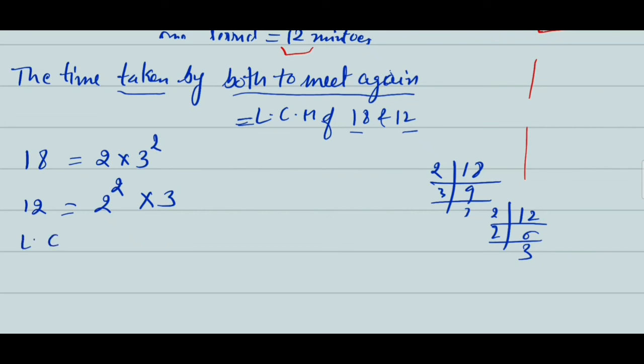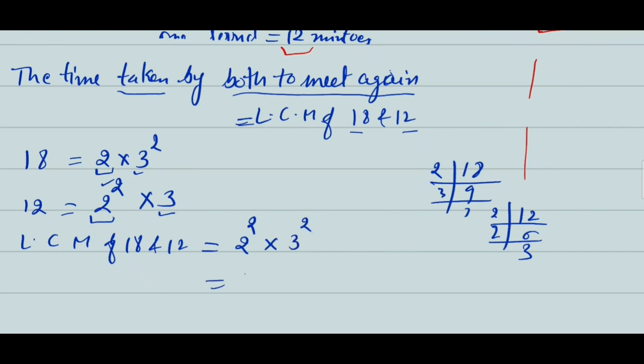So the LCM of 18 and 12 is equal to, what do we have to see? We have to take the highest power of the factors. Here we have 2 and here also 2; the highest power is 2 raised to power 2. Here we have 3 and 3, so we'll take the highest power of 3.